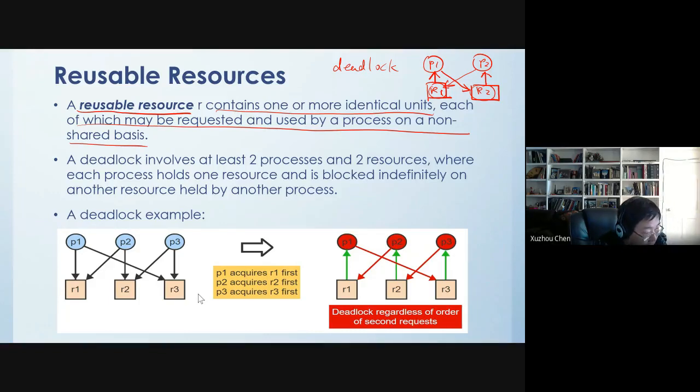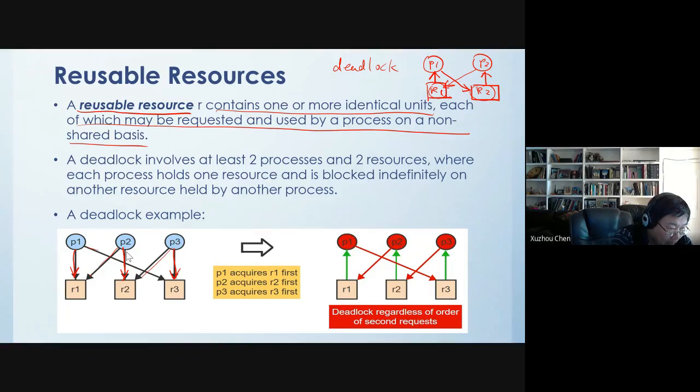In this case, process 1 is holding R1, process 2 is holding R2, process 3 is holding R3. Now process 2 is requesting R1, process 3 is requesting R2, process 1 is requesting R3. That's another kind of deadlock situation.